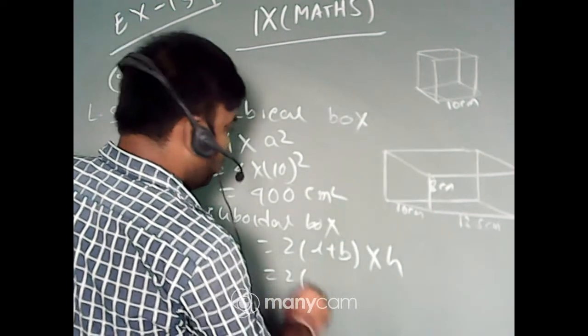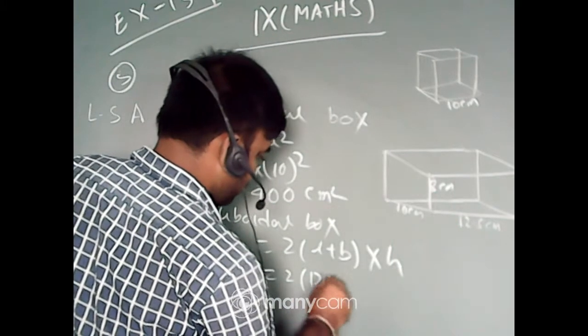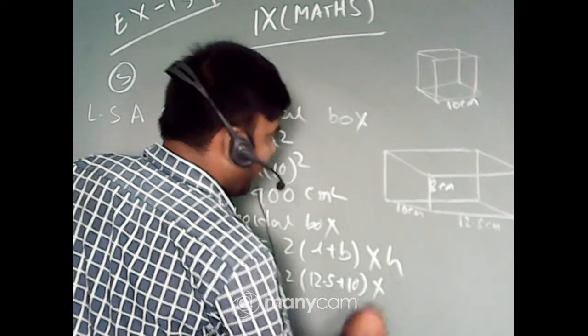That is 2 into (L plus B) into H. It means 2 into (12.5 plus 10) into H, H means 8.